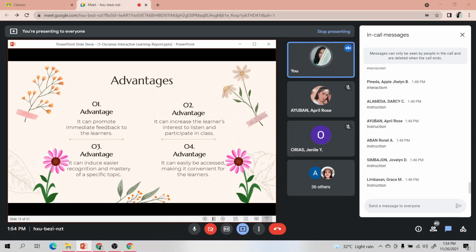You can use a cell phone or laptop, but only for those students who have devices. And it is convenient for the learners. Thus, effective online teaching activities should be designed, facilitated, and directed for cognitive and social processes. So those are the advantages of interactive learning in the virtual mode of instruction.